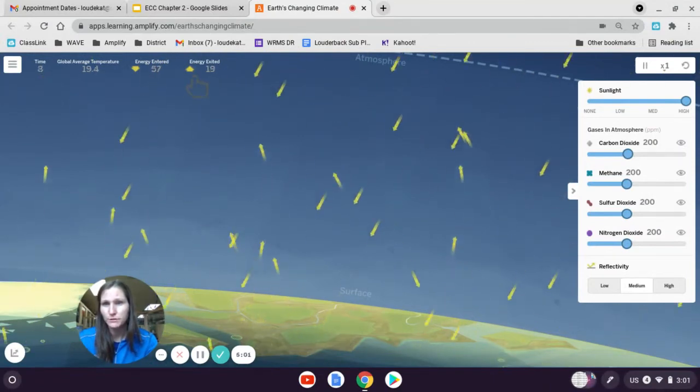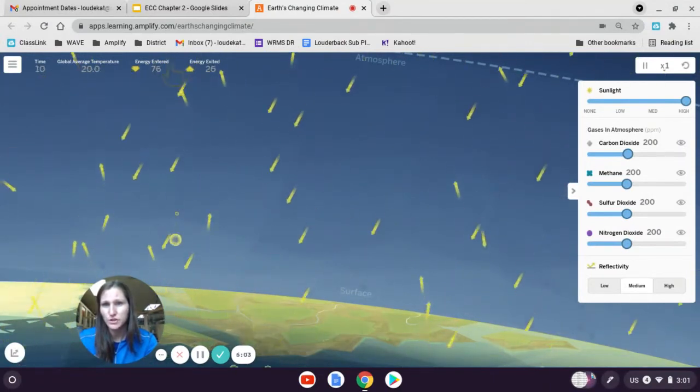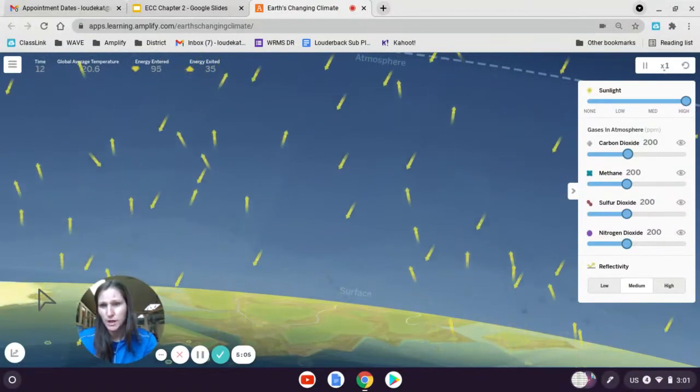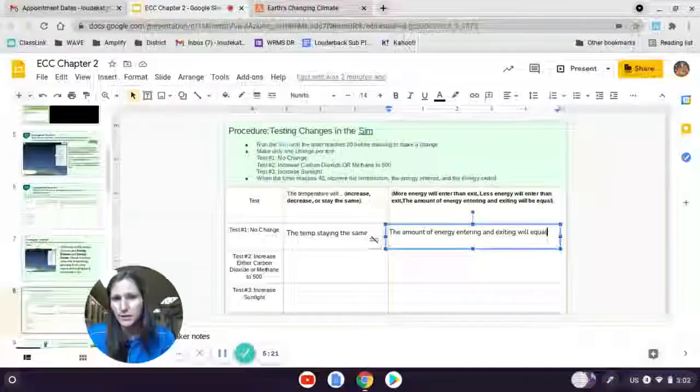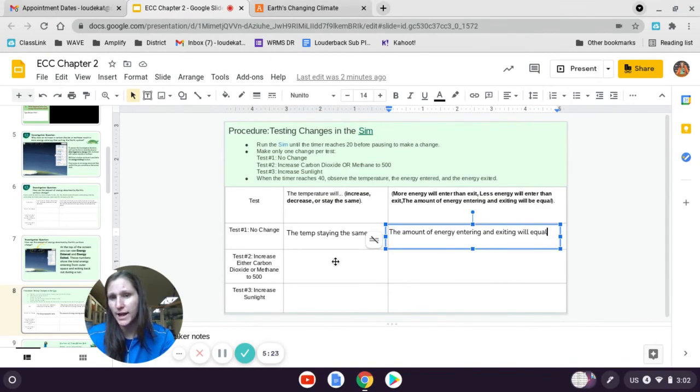When the time gets to 40, I'm going to look at the energy entering and exiting the system, look at the temperature, and pick the best fit bolded term for my data sheet here. We really want to pay attention to what's happening to the energy that's entering and exiting the system as we manipulate the gas or the sunlight.